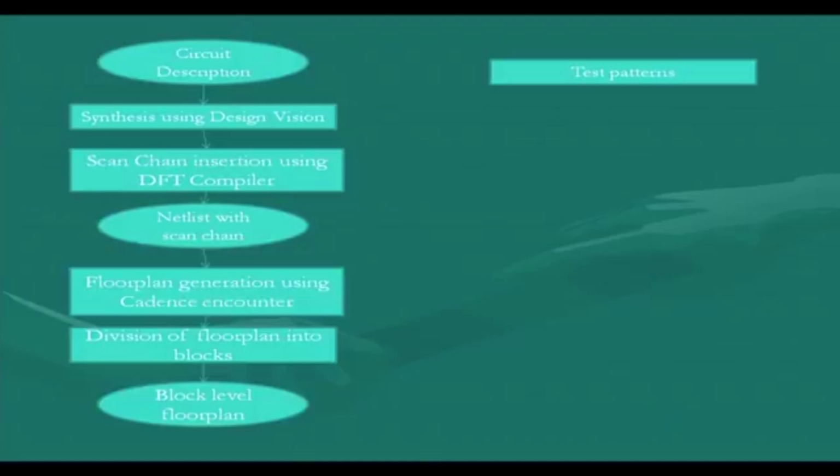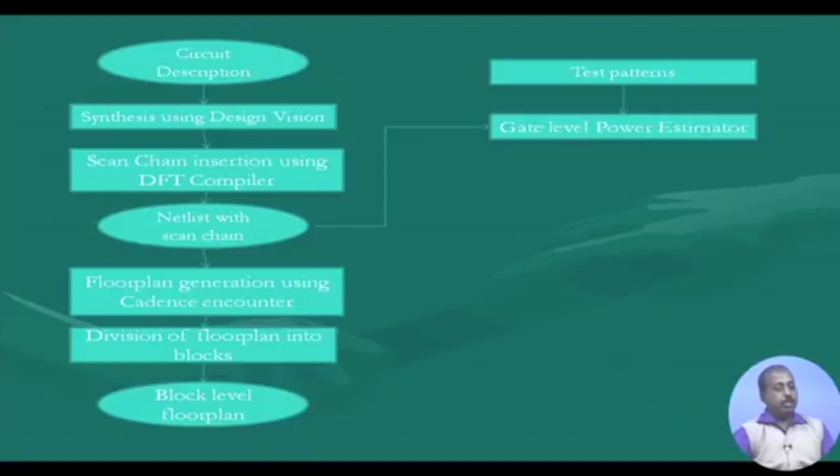On the other hand, test patterns have been generated by some ATPG tool for the circuit. The net list with scan chain is fed with these test patterns to a gate level power estimator. The gate level power estimator finds the transitions occurring at individual gates in the circuit, and depending upon the gate type we can estimate the power consumed by individual gates.